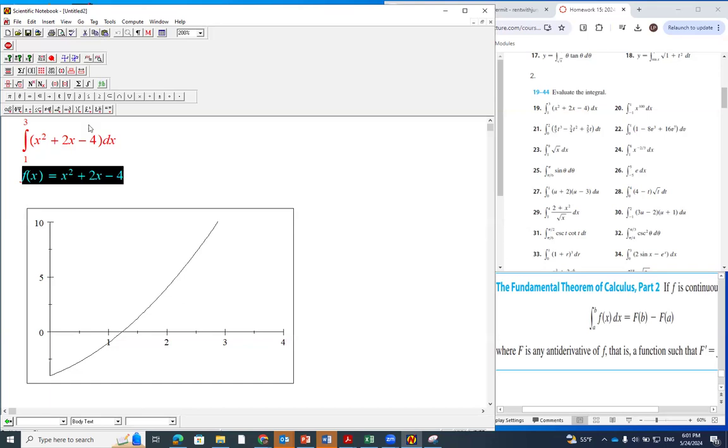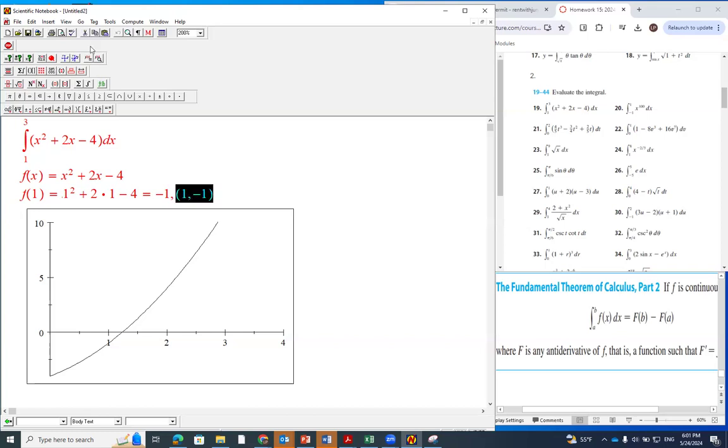So what is f of 1? We plug in 1. So this is 1 times 1, and that should give us 1 plus 2, that's 3, minus 4, that's -1. So this point is going to be (1, -1).